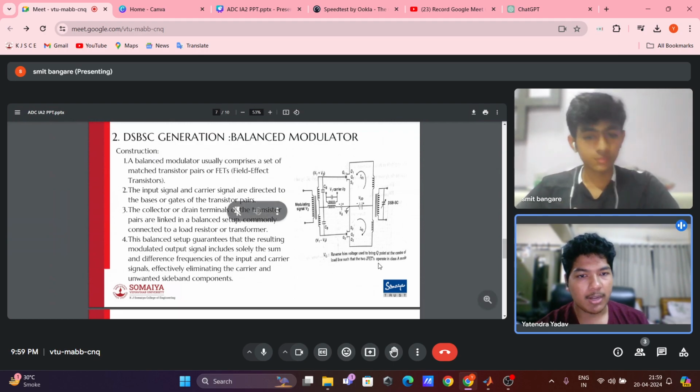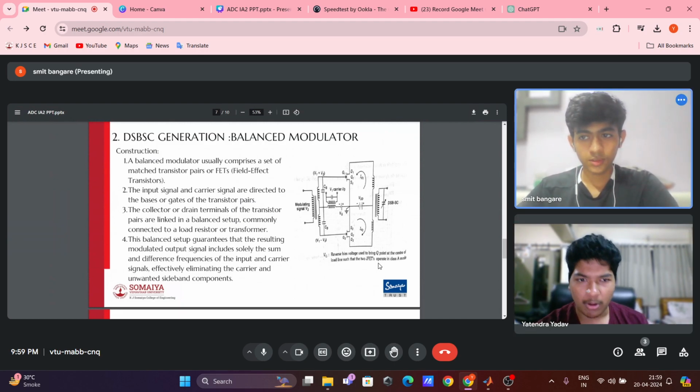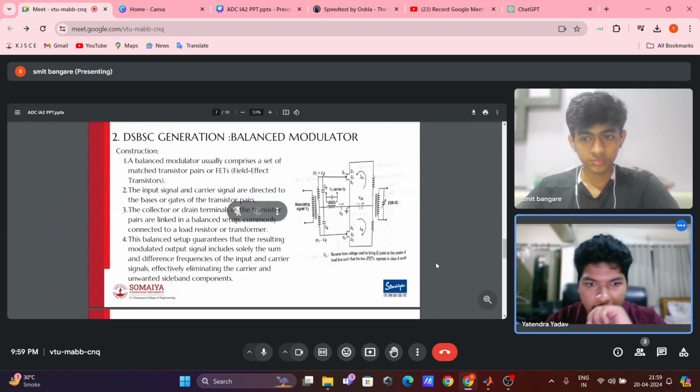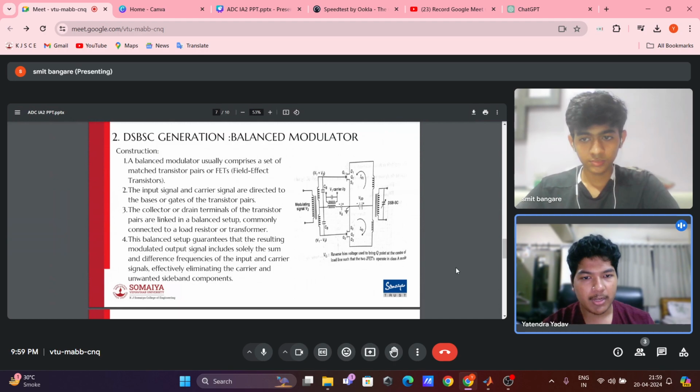The collector or drain terminals of the transistor pair are connected in a balanced setup, often to a load resistor or transformer. The balanced setup ensures that the resulting modulated output contains only the sum and difference frequencies of the input and the carrier signals.